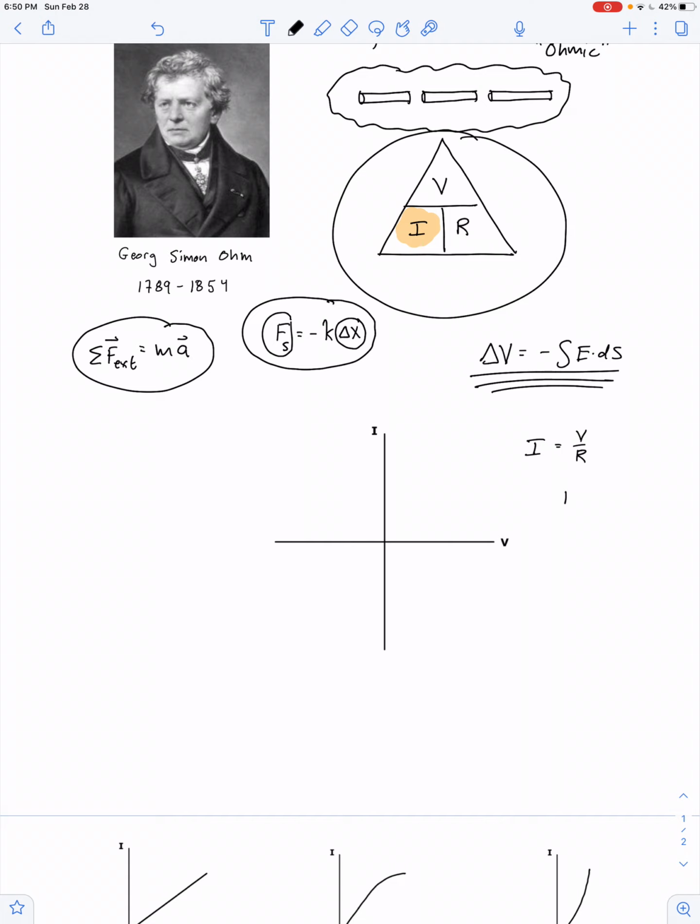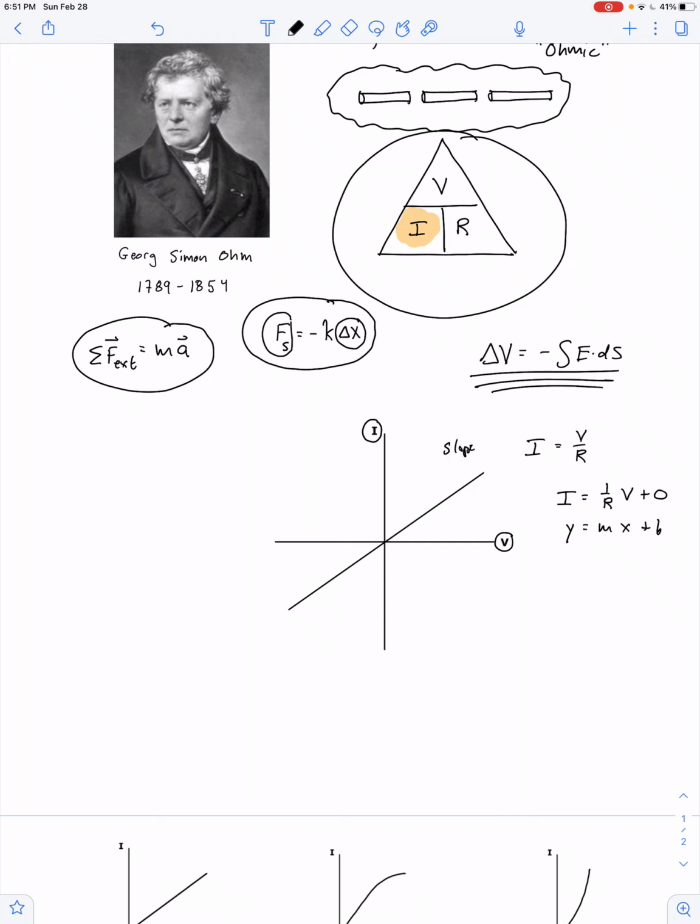Or if you prefer, I is equal to 1 over R times V plus 0. So it's in the form y equals mx plus b. So that means an ohmic device, when expressed using a graph of current versus voltage, should give us data that makes for that trend line, right?